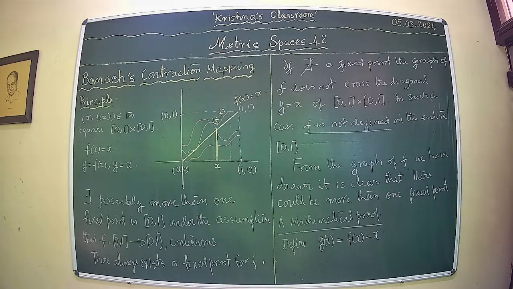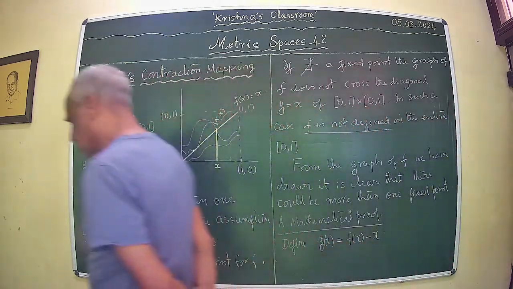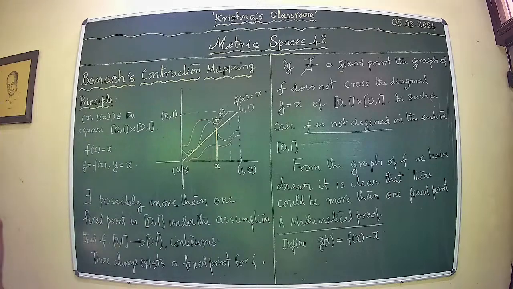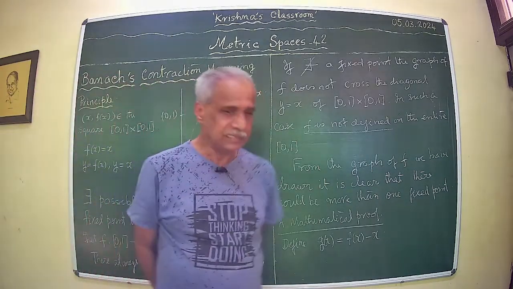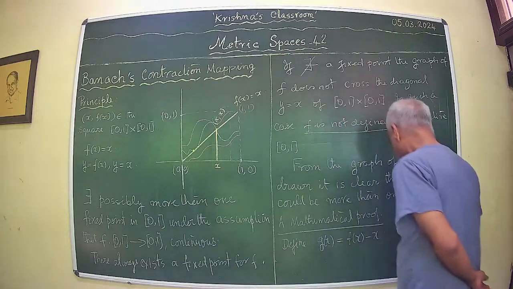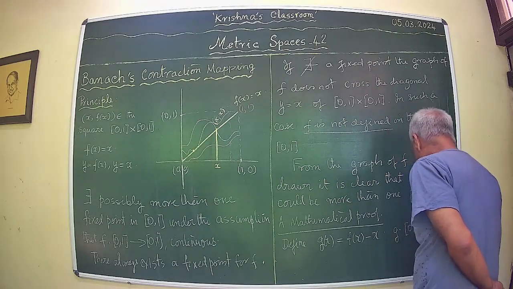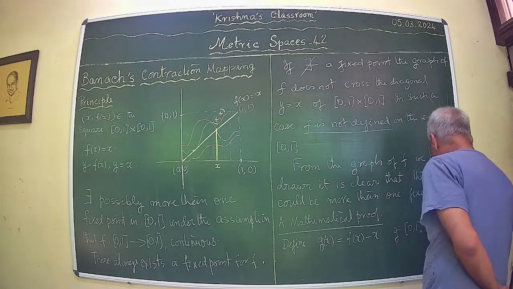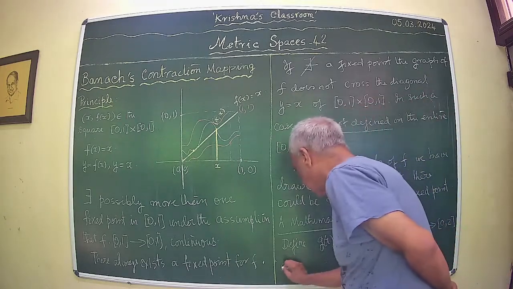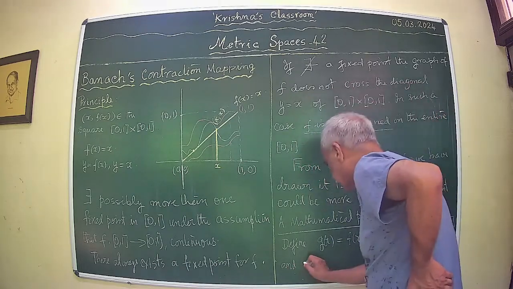So g is defined from [0, 1] to [-1, 1], and g is continuous.